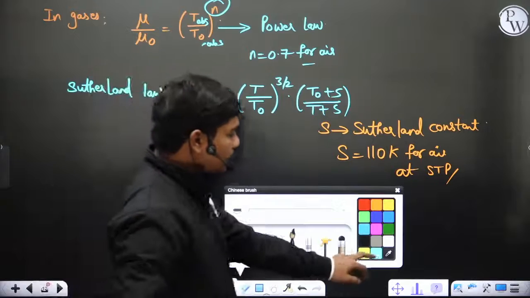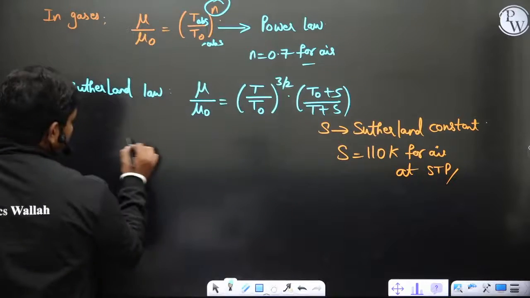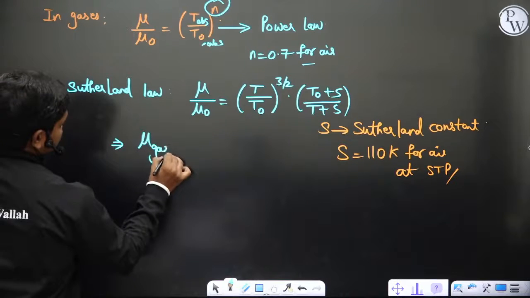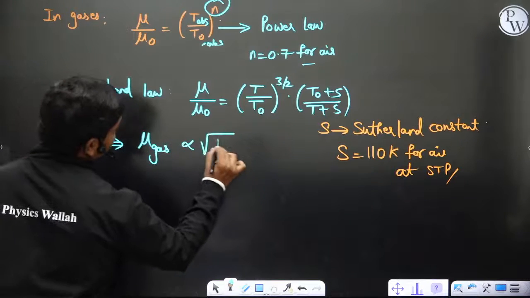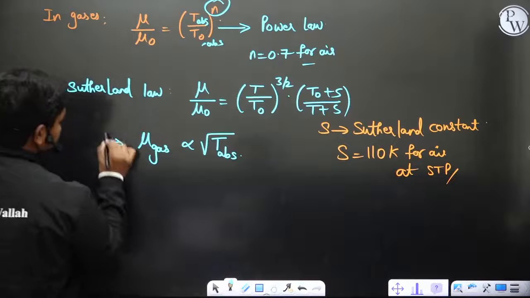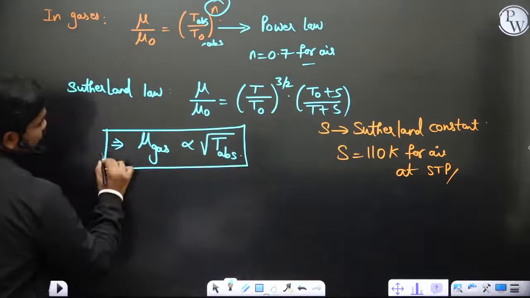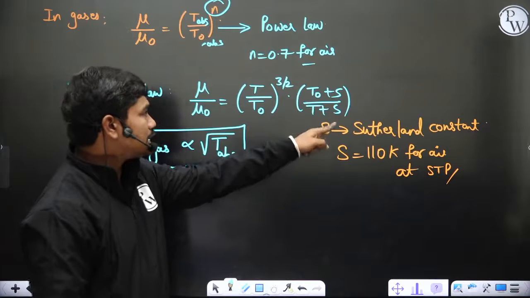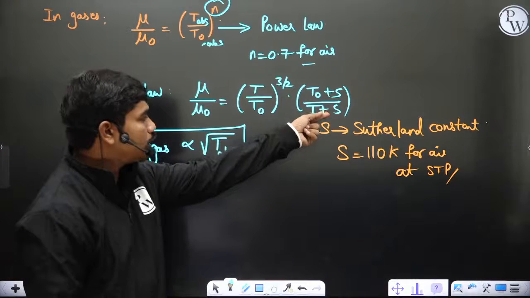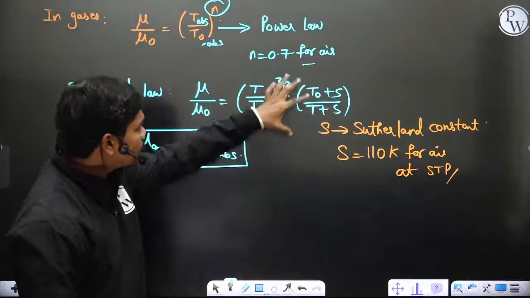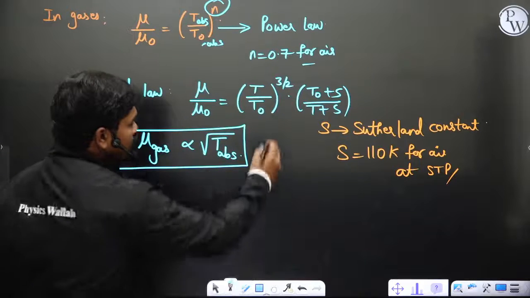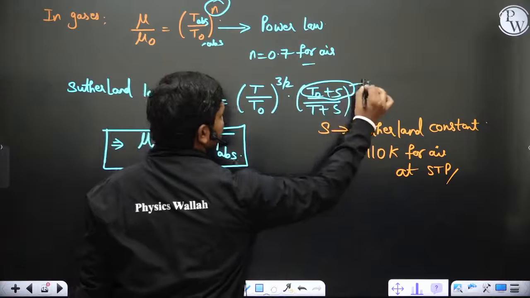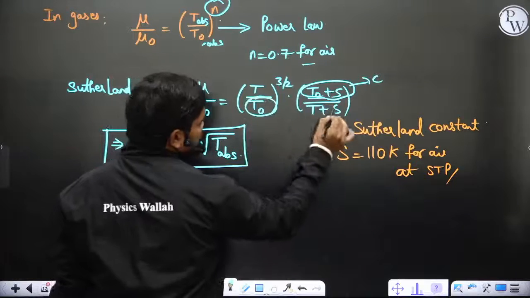So here I would like to tell you one thing. You can see in this case mu gas is proportional to square root of T absolute. Because if you take T power 3 by 2 and take T common, the S by T ratio is generally small, like 0.2, 0.3 of that range, so it will not create much impact. The other terms are constants.